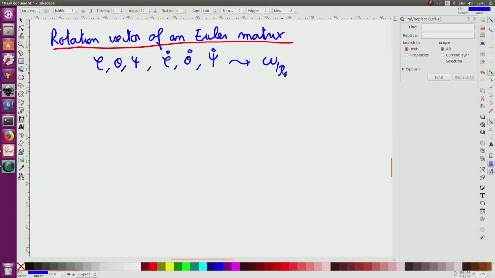Okay. So I know that omega, this vector, is equal to the inverse of the adjoint of R dot R transpose. I know also that R is equal to the product of these three matrices.